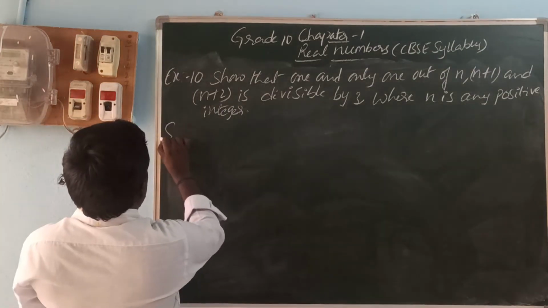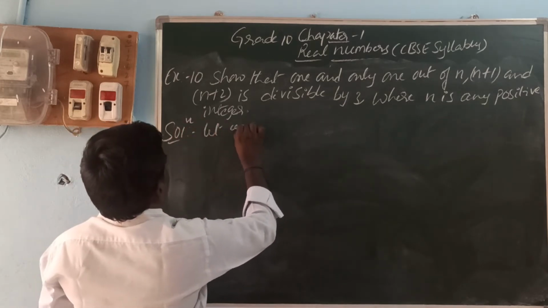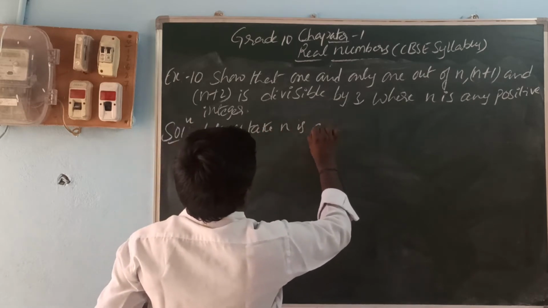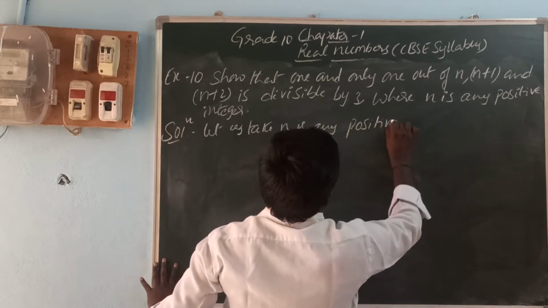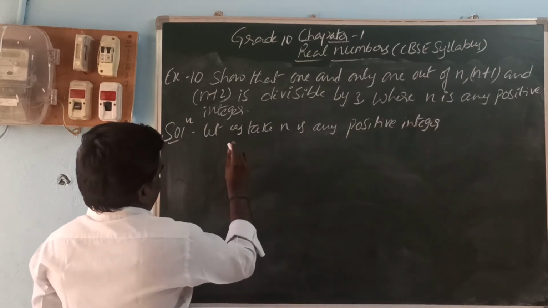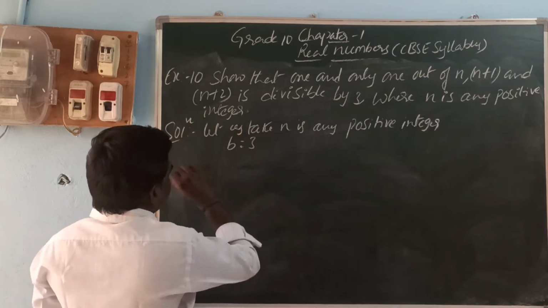So here, first, let us take n as any positive integer. The divisor is 3, given.